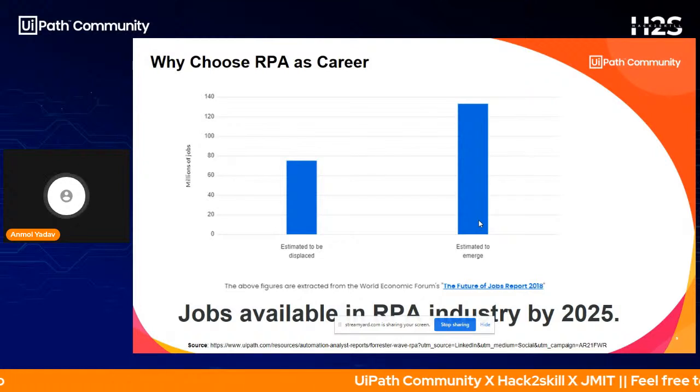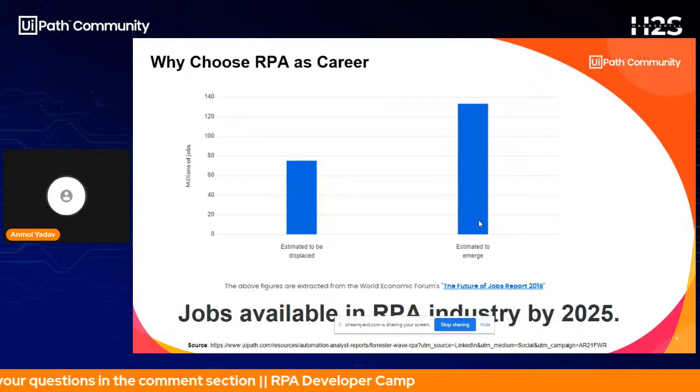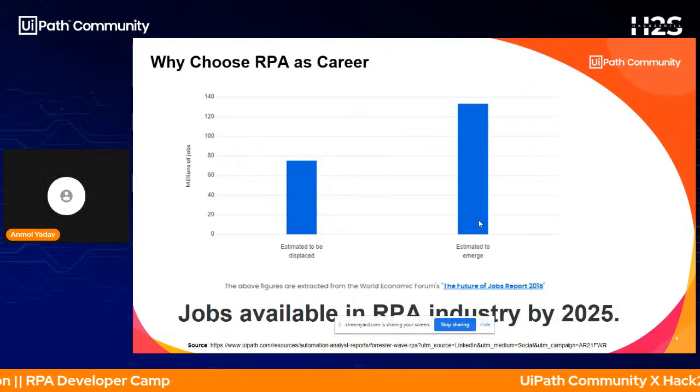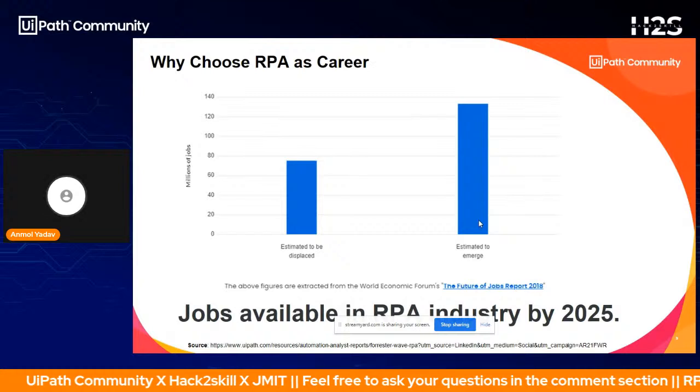That is not only going to benefit you, rather it would benefit your entire department, which means you are not only saving your time, you are saving your colleagues' time as well. So you have developed a robot which is not only helping you but is also helping all the other colleagues working in your department. Okay, so that is what you have displaced, but what has emerged out of it is comparatively more.